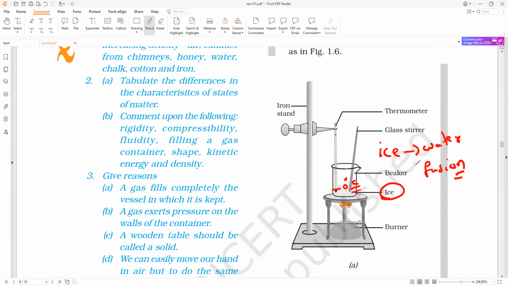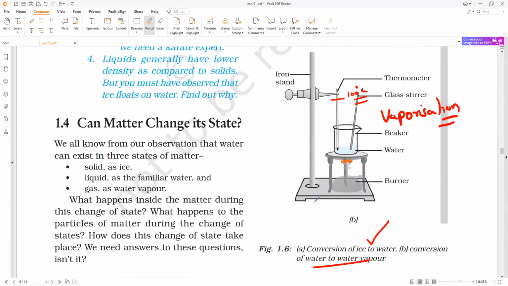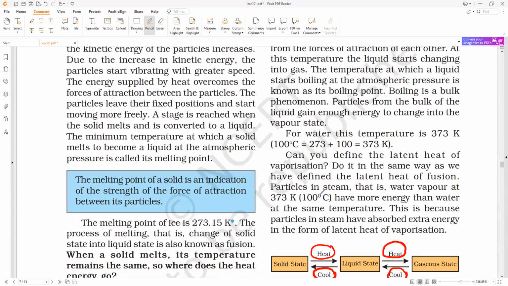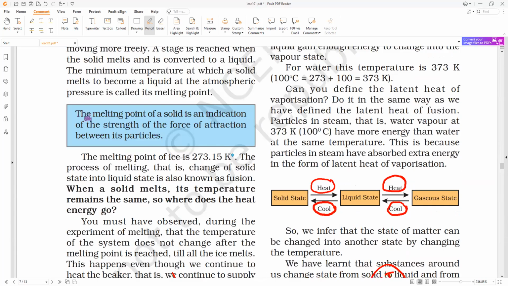By tomorrow, your work is till here. All of you should read each and everything. You can see they have mentioned it perfectly: the melting point of a solid is an indication of the strength of the force of attraction between its particles. We have studied this, the significance of melting point.